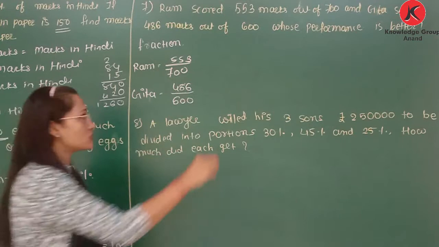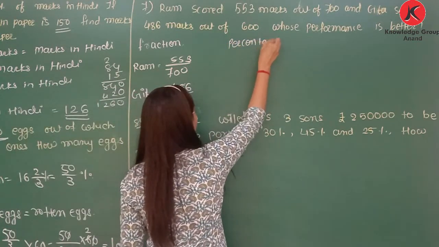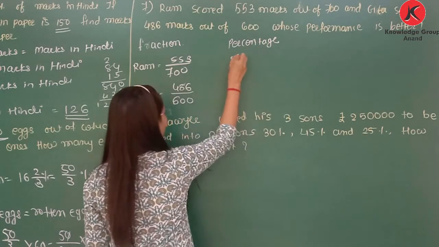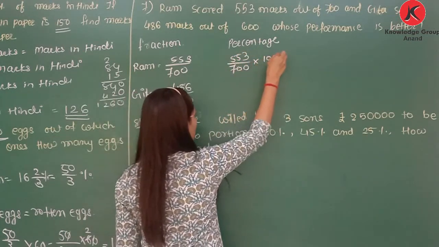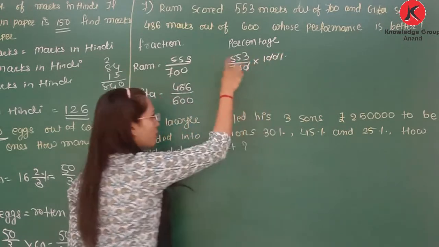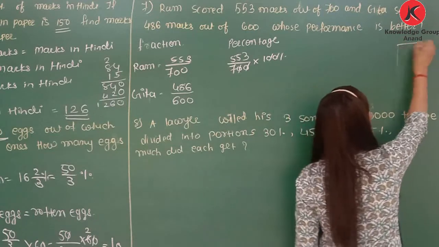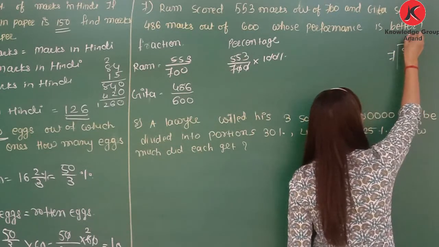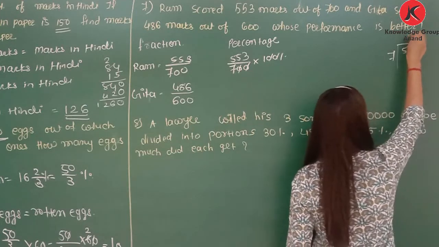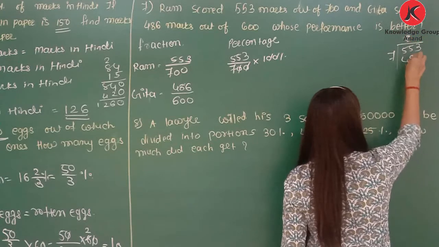Now we can find the percentage for both by multiplying with 100%. 553 divide 700 multiply 100%. So 553 divide with 100, divide with 7, 49.